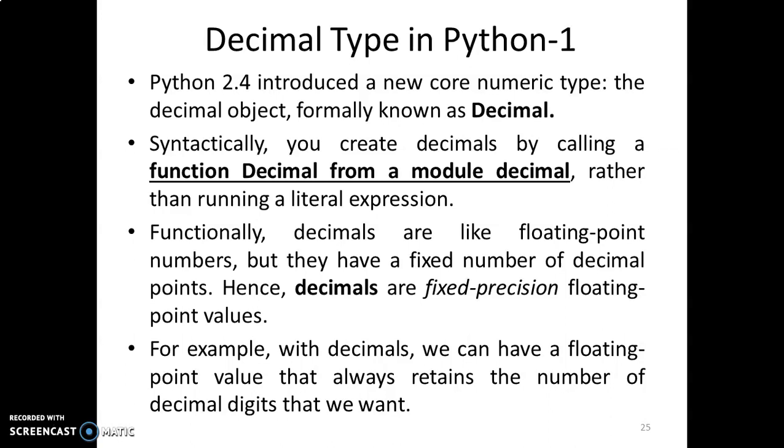So the usage of decimals is different syntactically from your float, but functionally it is like floating point with a fixed precision. With decimals, we can have a floating point value that always retains the number of decimal digits that we want. We'll see that in the examples.